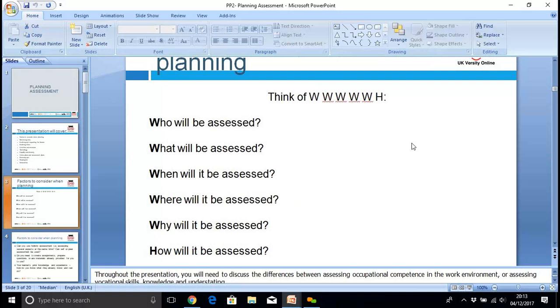So, all the W's and H. Who, what, when, where, why, and how. So it's who will be assessed, that is your learner. What will be assessed? Is it a unit? It could be any of the academic processes that we use. If it's any of those being assessed, it can be the work that's been presented.